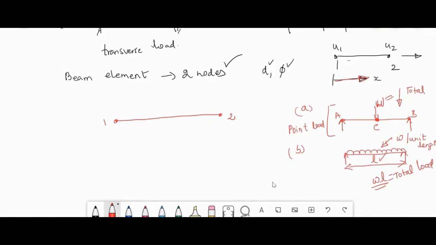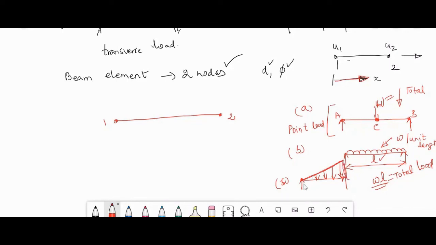So the third type is the uniformly varying load. You take a simply supported beam. From here it is 0 and then it is uniformly varying, so the load is applied like a triangle. It is increasing: here it is 0, and at the end it is maximum.